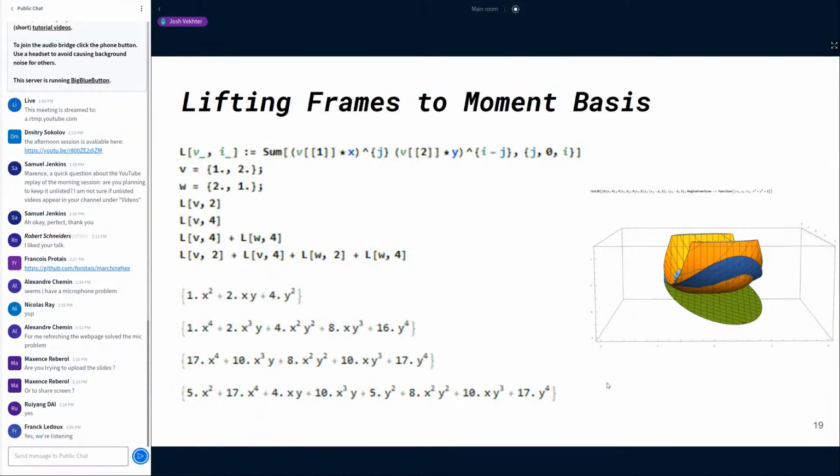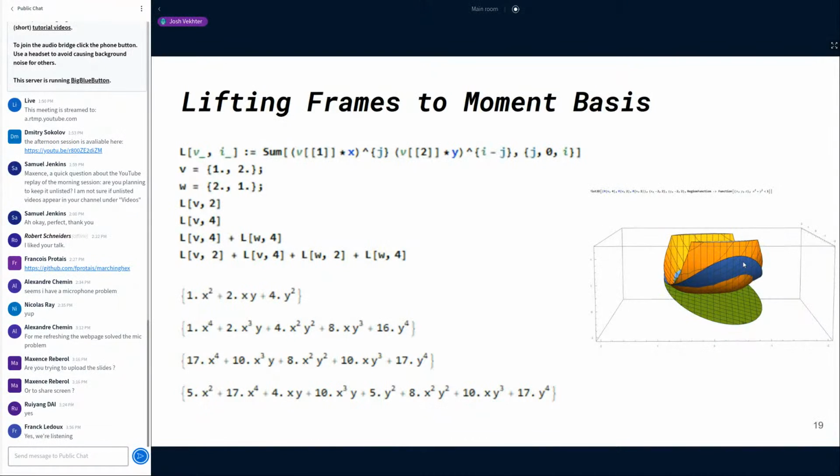And so on the right here is a figure. You can think of this lift as, now you go from a vector, which you can think of as a linear functional, to some more complicated functional. So this is just plotting, given the same input vector for different lifts, the function from R2 to R that results.